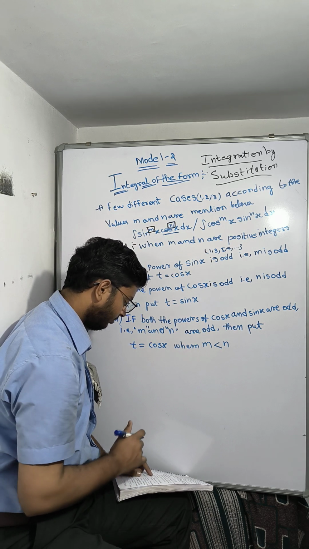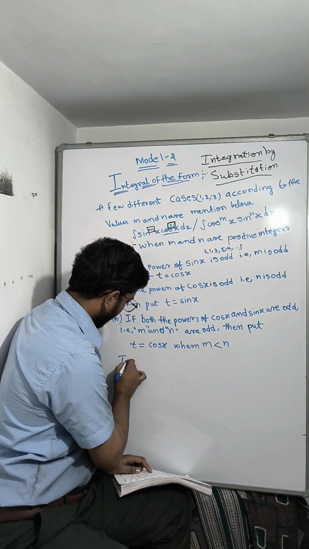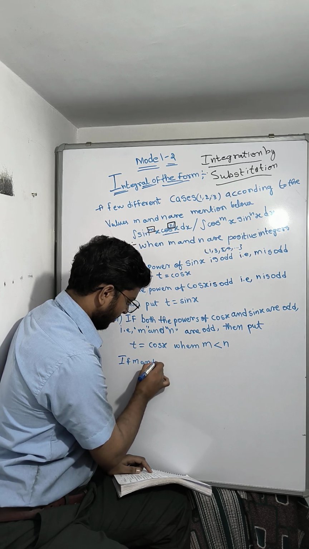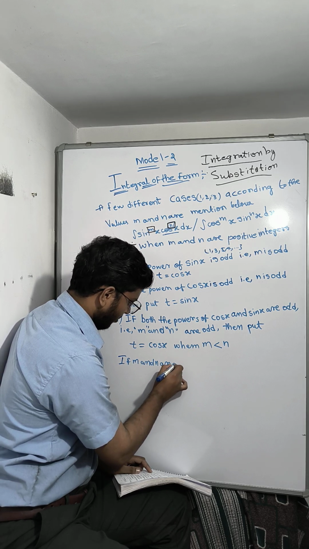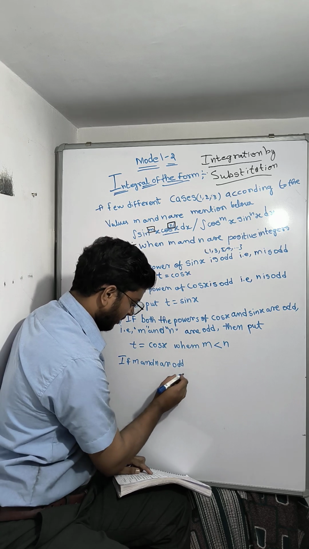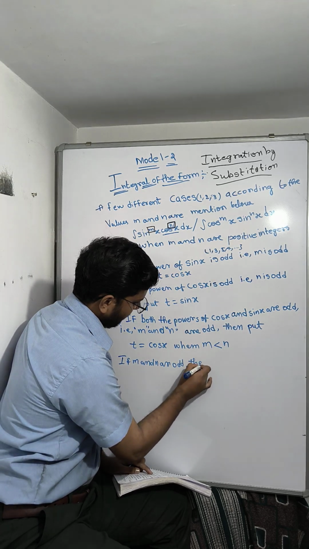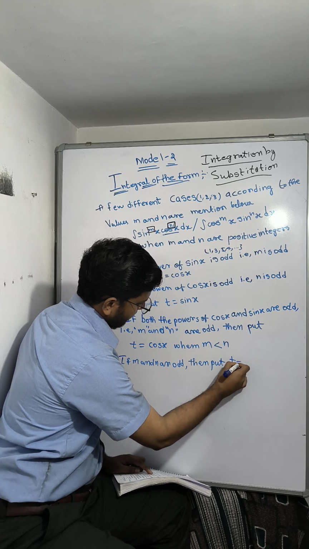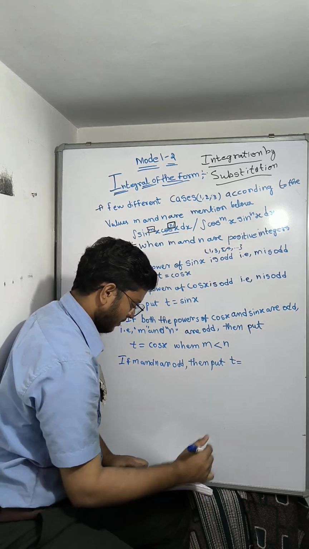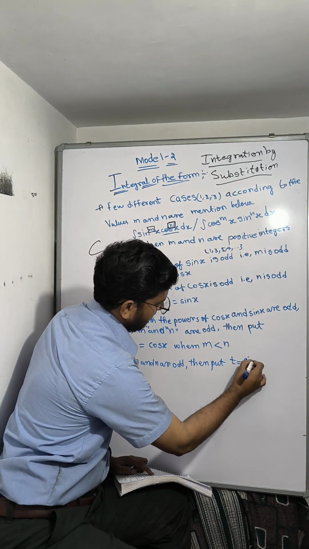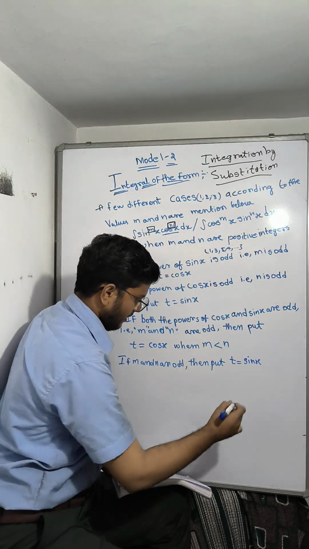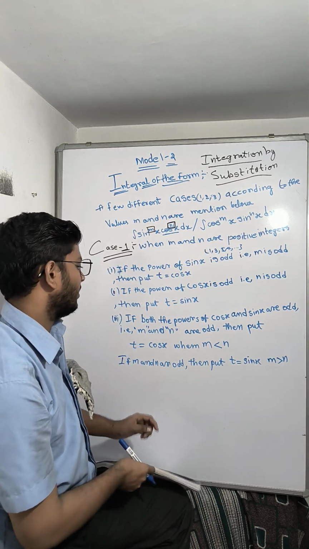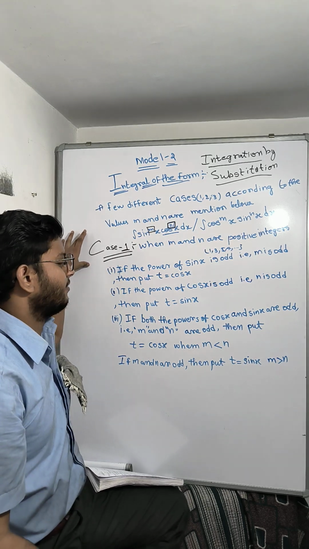If m and n are odd, then put t is equal to sin x when m is greater than n. This is the condition of the case 1.